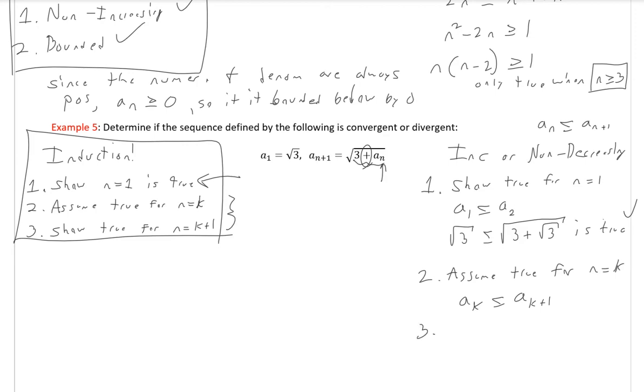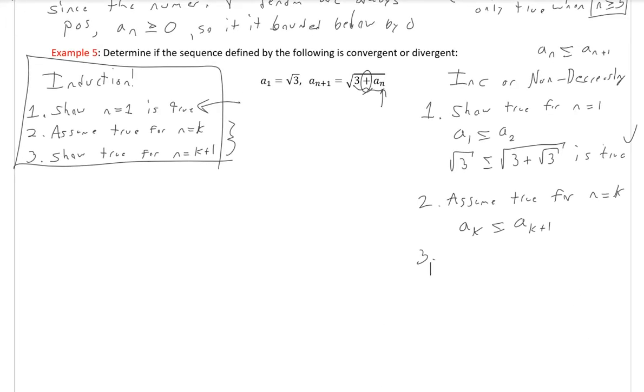Sometimes this is called an induction step, because we tend to use that when we go back and prove everything. So we're going to use that and maybe the first one to help show this next one: that we want to show that it's true for n equals k plus 1. So that means we want a sub k plus 1 is less than or equal to a sub k plus 2. That would be that case.